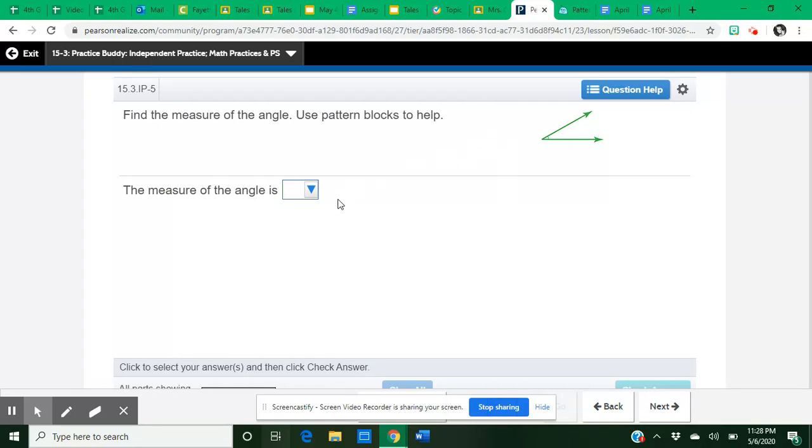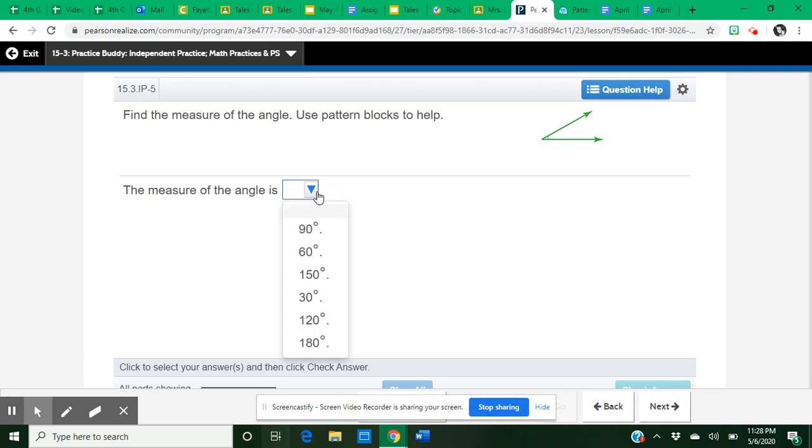You're right, the tan one. So was that tan one more or less than 90 degrees? Less, you're right, because this is smaller than a square. A square would be shooting straight up.